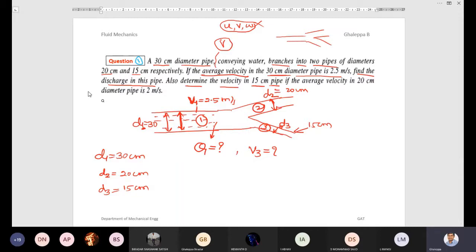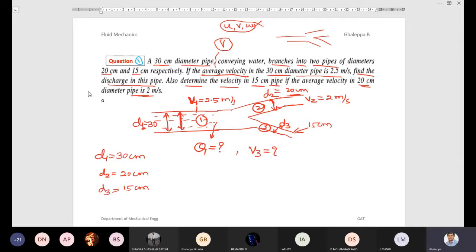If the average velocity in 20 centimeter diameter is 2 meter per second, 20 centimeter is this second pipe. What is the velocity here? V2. V2 is how much he has given? 2 meter per second. Understood, dear students? What is the given data? All of you read and compare with the diagram, whether it is right or wrong.